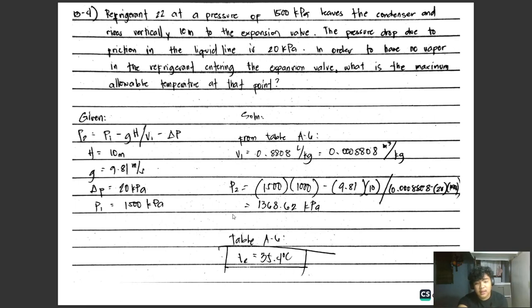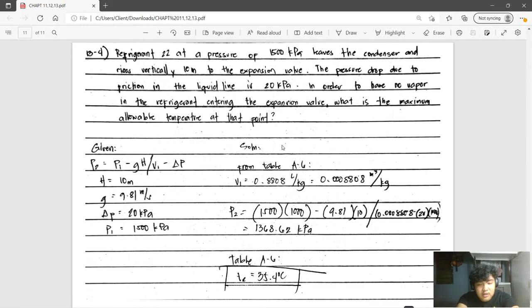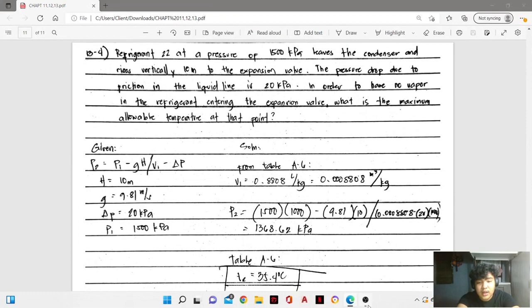So we have P2 as 1,368.62 kilopascal. Referring to our table A-6 for the pressure we got, the allowable temperature is equal to 35.4 degrees Celsius. So that would be all for my discussion, sir. Thank you and have a good day.